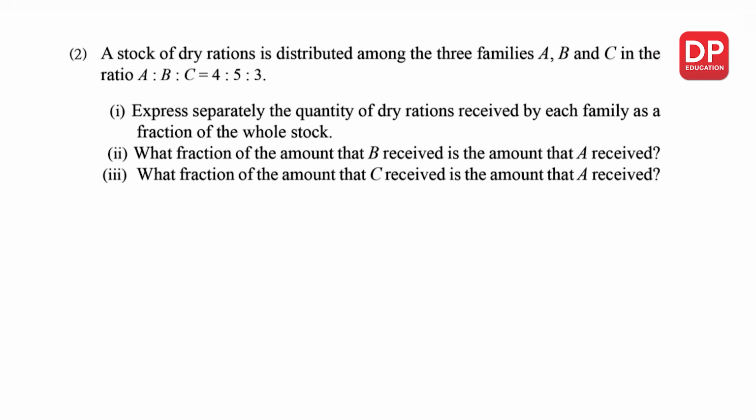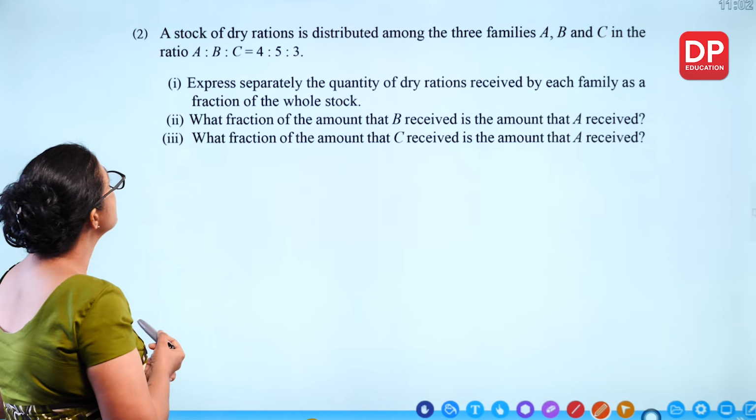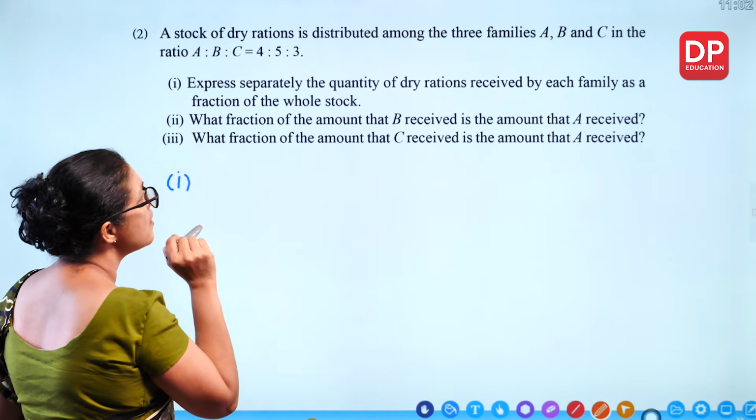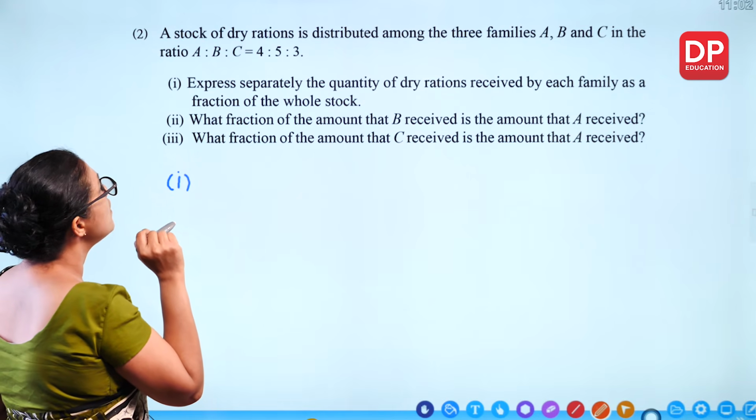Question number 2. A stock of dry rations is distributed among the 3 families A, B and C in the ratio 4:5:3. Express separately the quantity of dry rations received by each family as a fraction of the whole stock.